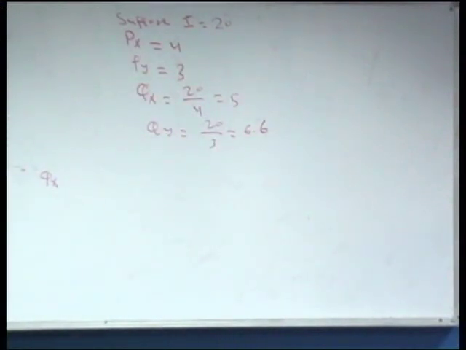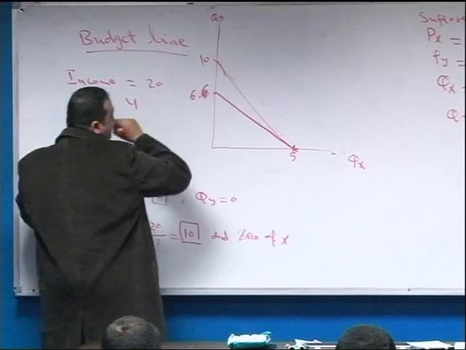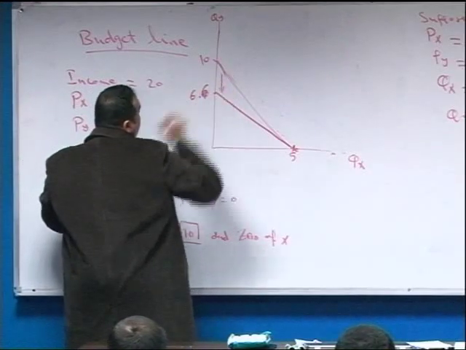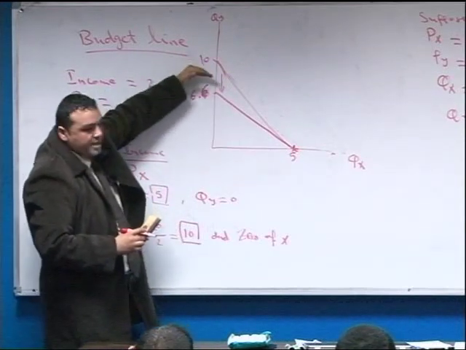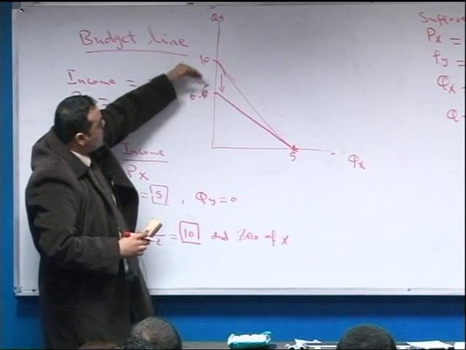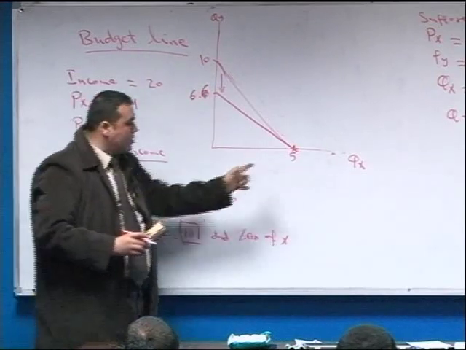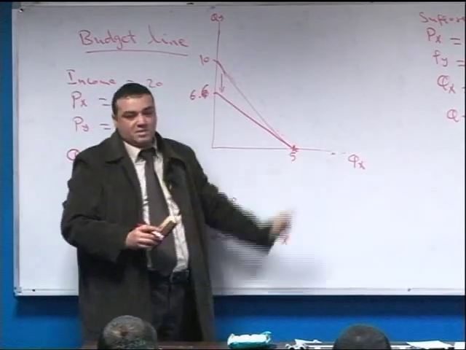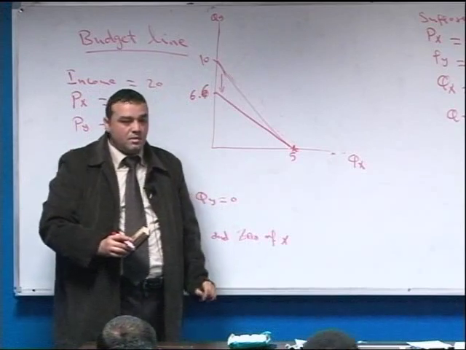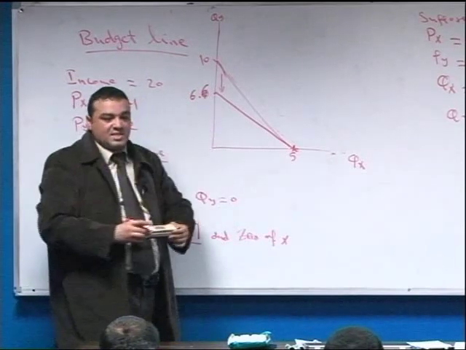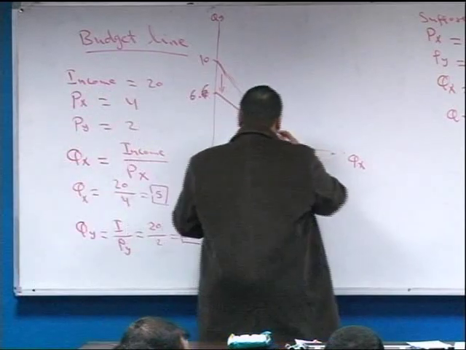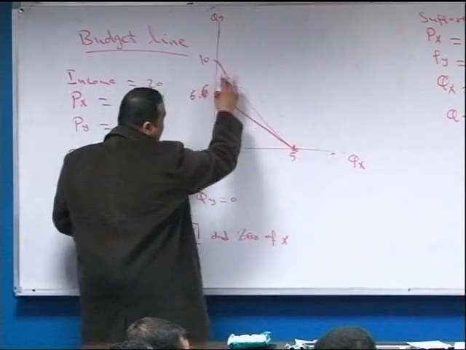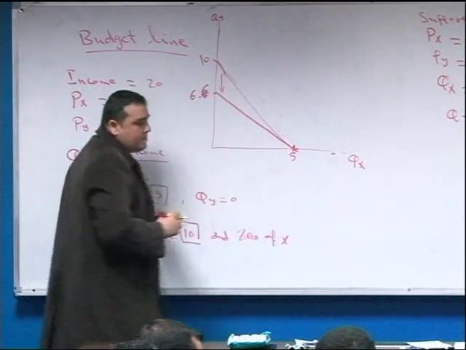So in this case we have a new budget line. There is a leftward or inward shifting toward the Qy, and the quantity of x remains constant. Right? What about the slope in this case? Decline. Yes, the slope, as you see, has declined.